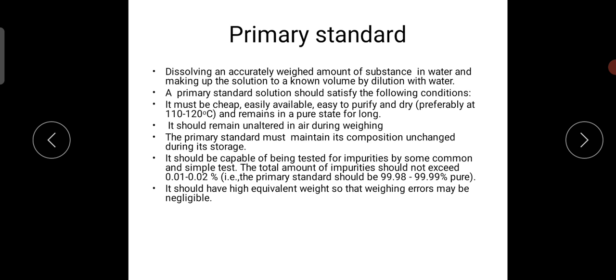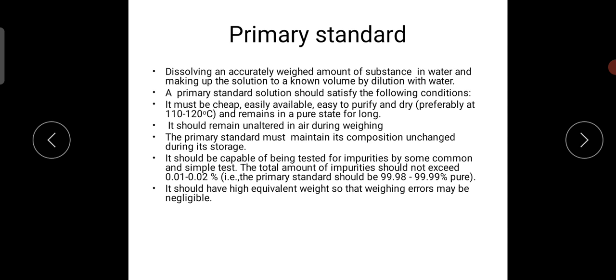And there are certain conditions for the primary standard. First of all, it should be cheap and easily available, and it should be easy to purify and dry, and it should remain in a pure state for a long time. And while weighing, there should not be any change in weight.